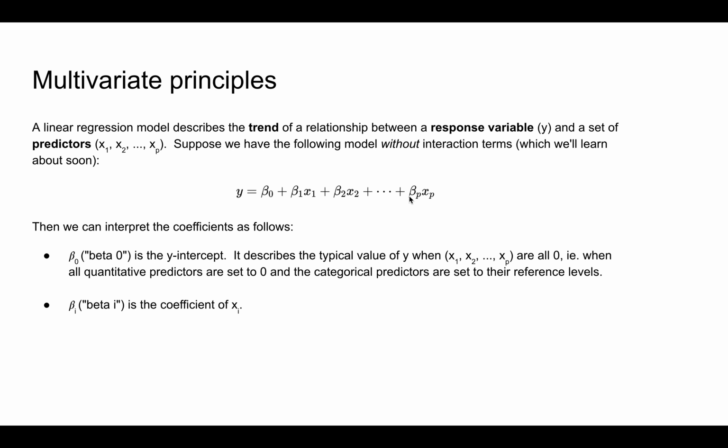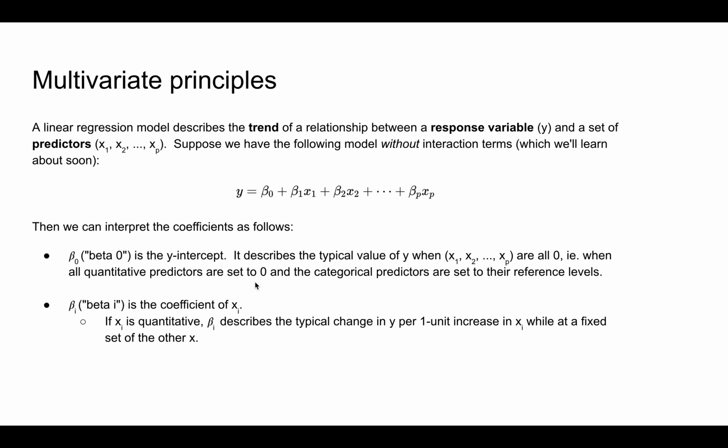Next, consider some coefficient beta i for one of our predictors xi. Then if our predictor xi is quantitative, its coefficient describes the typical change in y per 1 unit increase in xi, while at a fixed set of the other x's. That is, we're just leaving the other x's alone and changing xi by 1 unit.